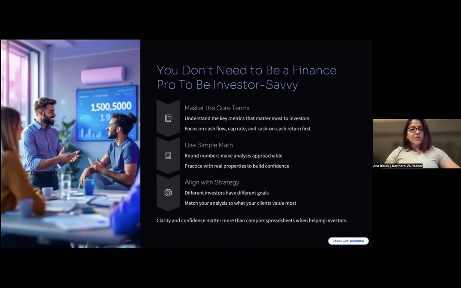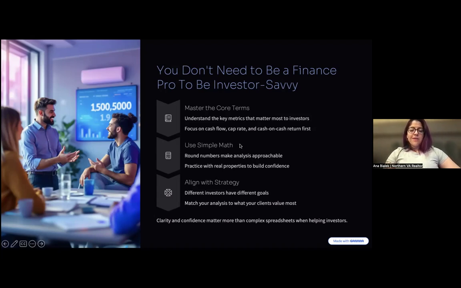If you're familiar with these terms, if you can get a general idea of what they mean, if you can actually do some of these calculations and provide them to your investor clients or do it for yourself to show that you understand the value of the property and the investor strategy, that will put you head and shoulders above lots of other agents.